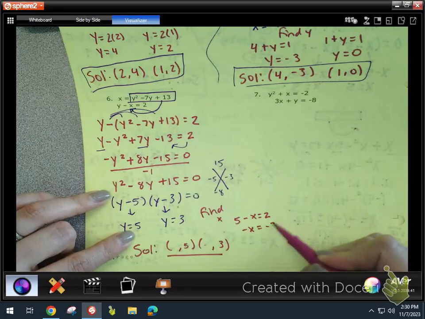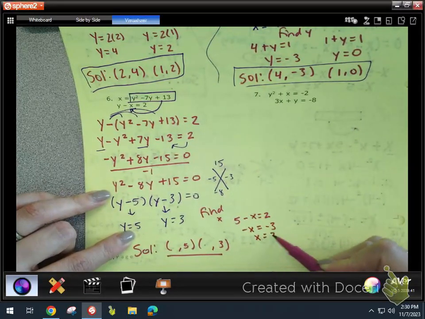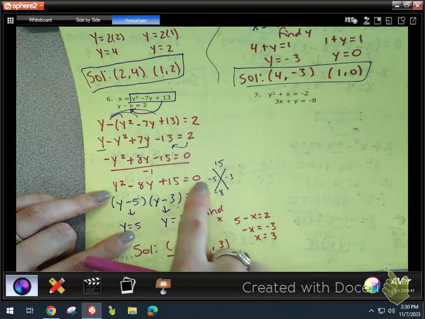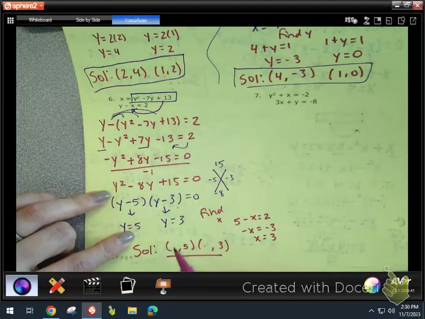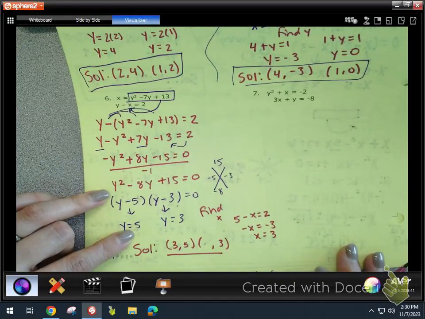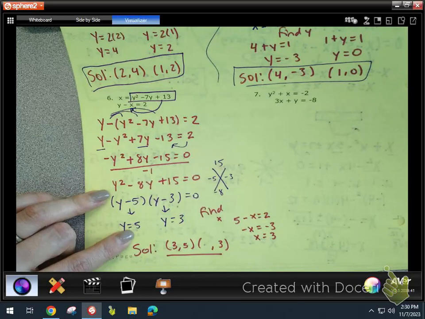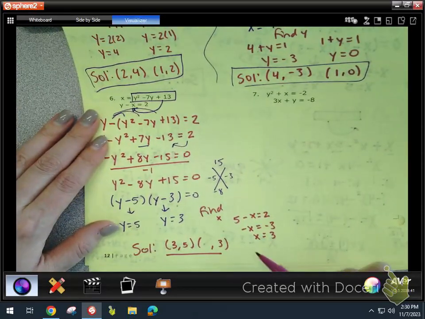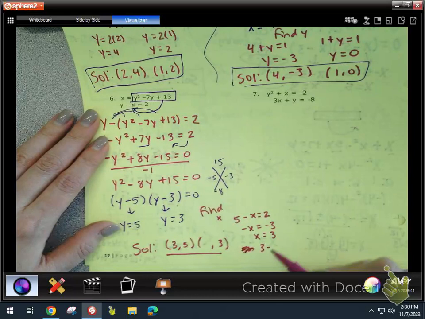You can always swap left and right of the equation. What's the other one? 5, oh no, so what am I doing? 3. You got it.